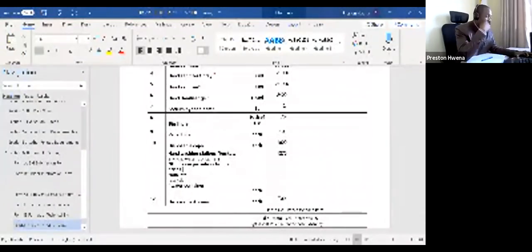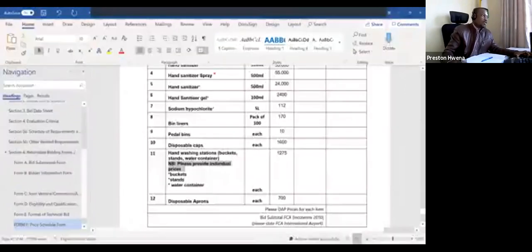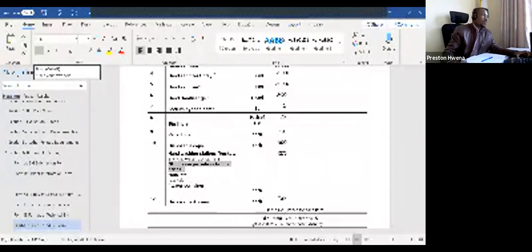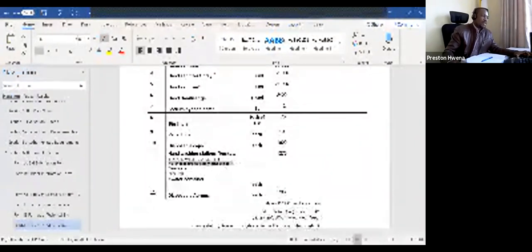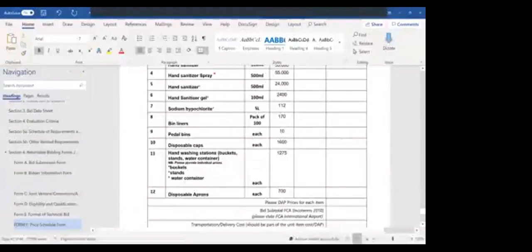Because even after, we are going to request those possibly who will have been shortlisted, in case they are not part of this pre-bid, we'll also go to them and ask them to provide individual prices. All right, for comparison purposes. Yes, for comparison purposes. All right, thank you.